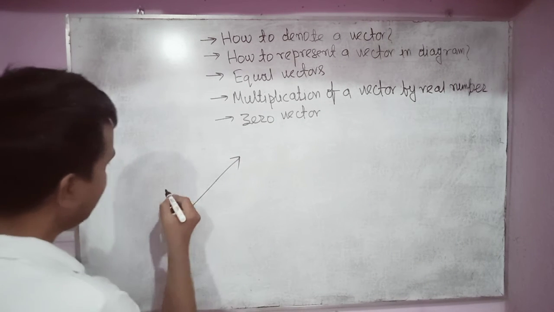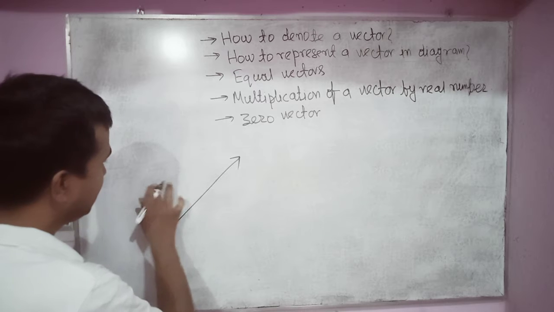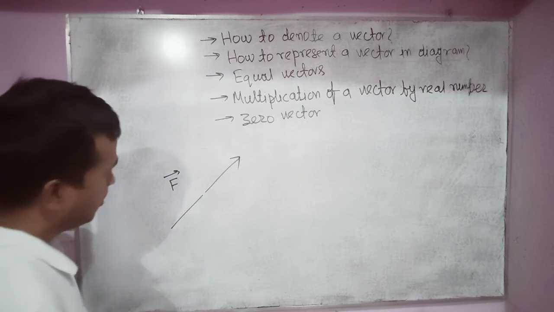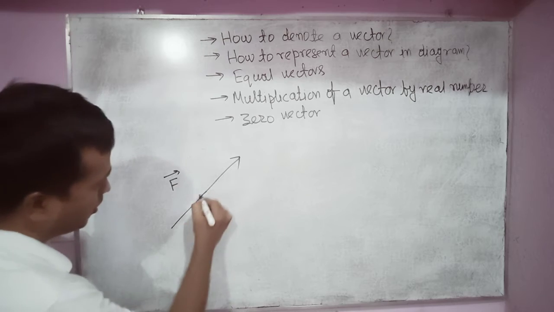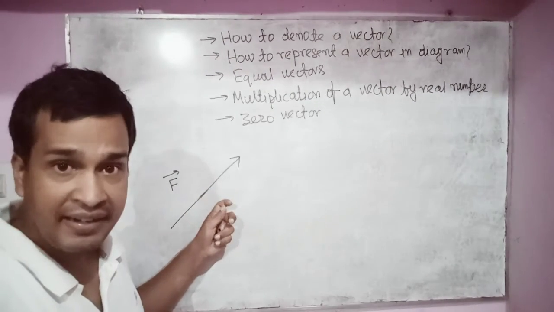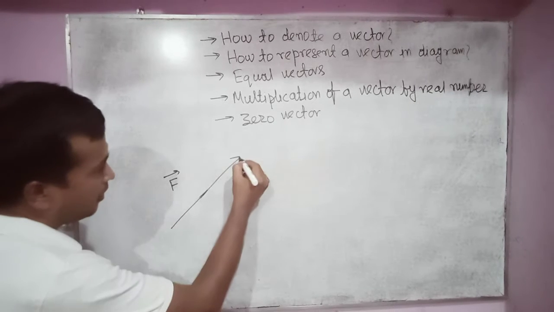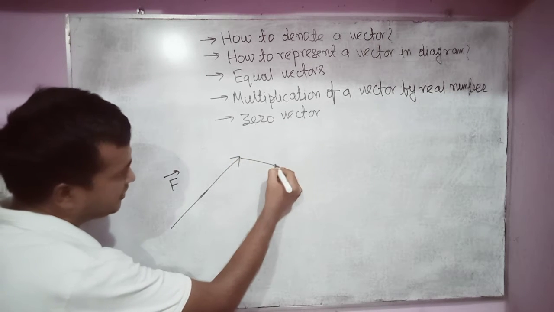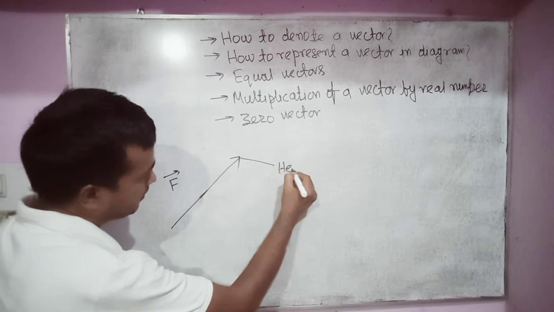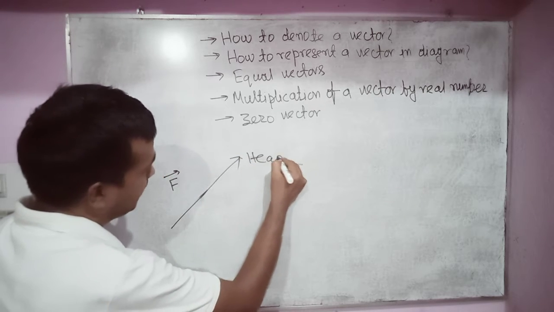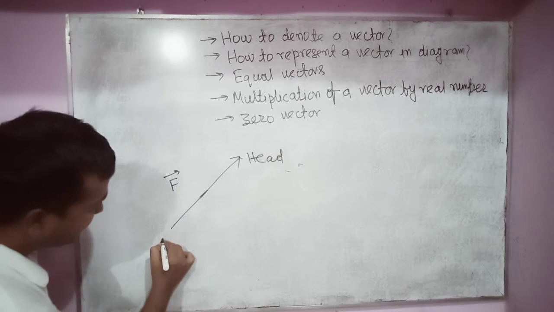Suppose this is a vector F. So this represents the vector in a diagram. The front part of this arrow is called the head, and the rear part is called the tail.